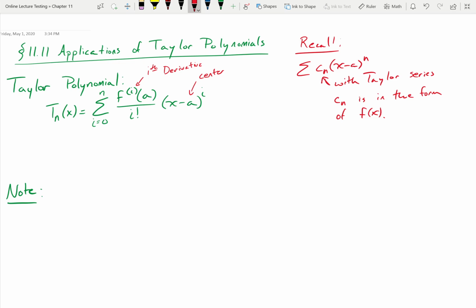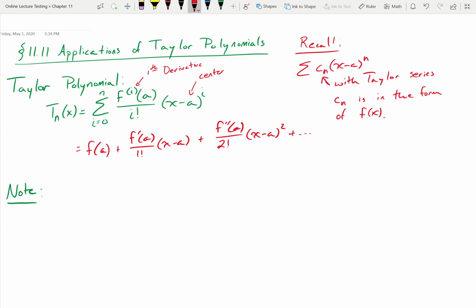And that's where we got this nice, well, you could say clean formula for that. And so if we looked at the terms of this, this would just be f of a plus f prime of a divided by 1 factorial times x minus a plus f double prime of a over 2 factorial x minus a, the quantity squared, and so forth, up to the nth term.